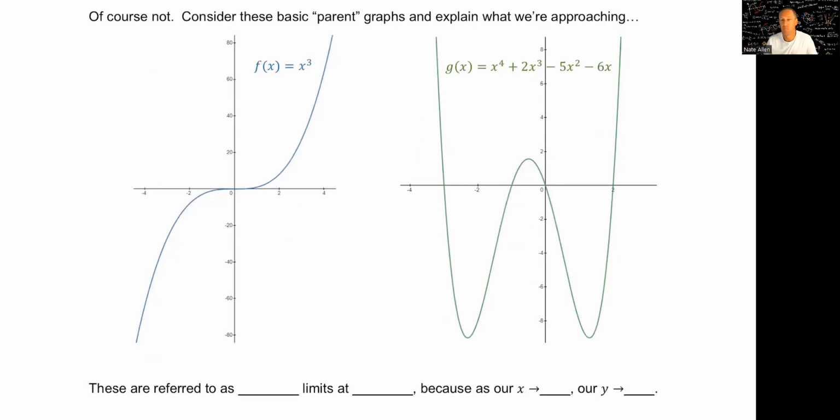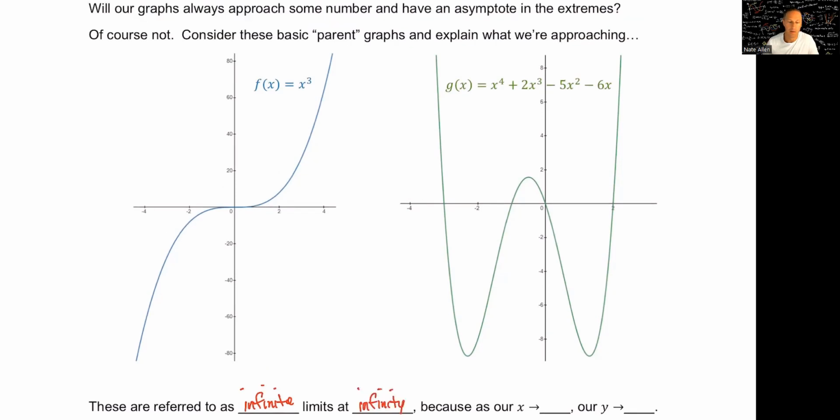So when it doesn't approach some value like we just went over, we're going to call these infinite limits at infinity. Now, why that? Well, remember, an infinite limit is when our limit comes out infinity, and when it says at something, whether it's as x approaches -2 or x approaches +5, we're saying it's at.